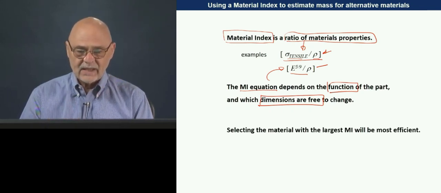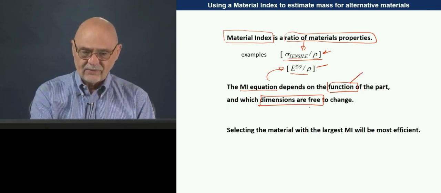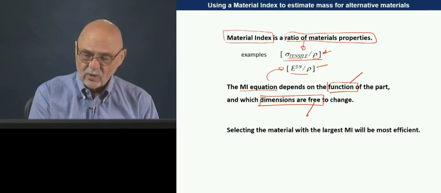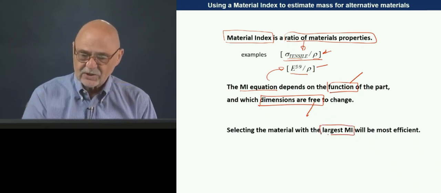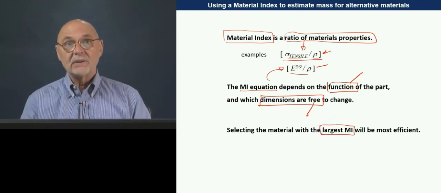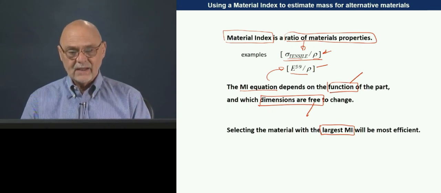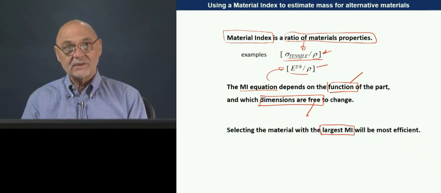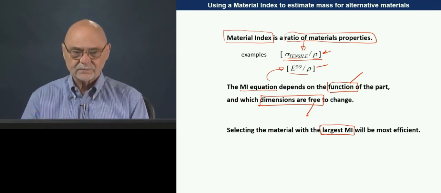And what we'll find is that for a given function and for a given set of dimensions that are free, we will always want to select the largest material index, and that will be the most efficient material.